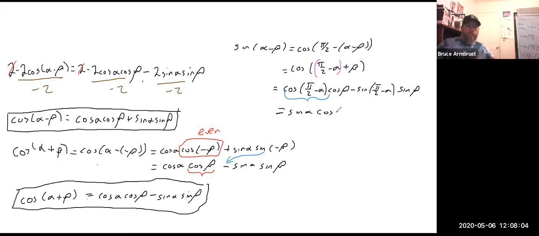So we now have sine of alpha times cosine beta. And then similarly, the other one, we had the sine of pi over 2 minus alpha. That's going to be the same as cosine of alpha.